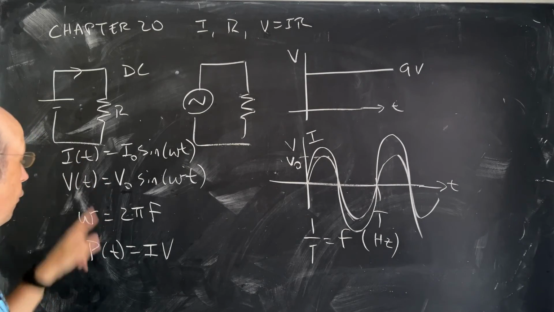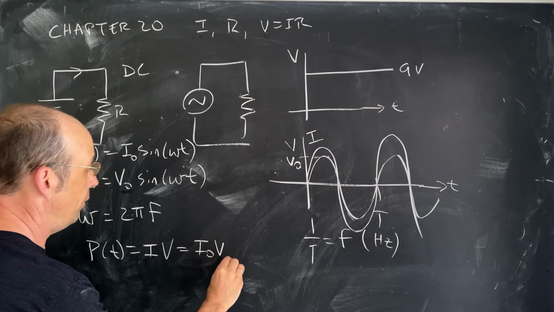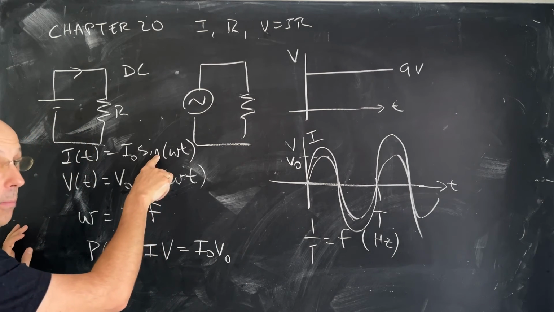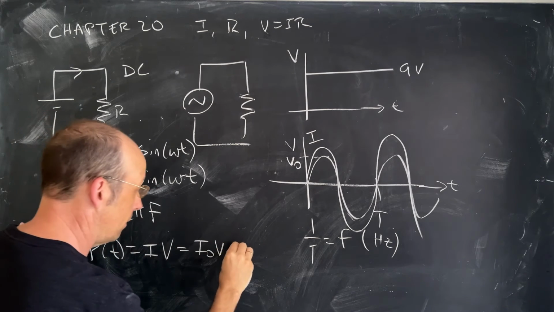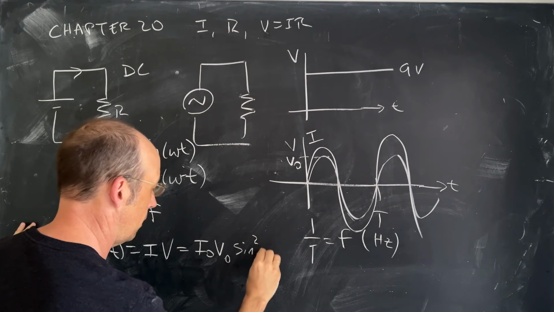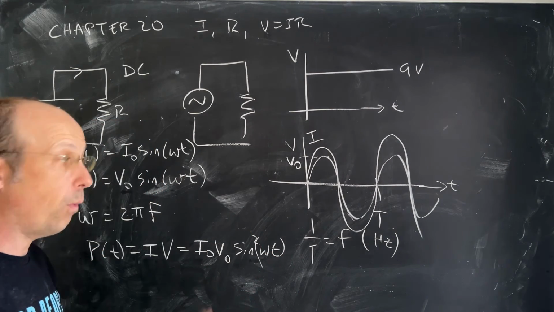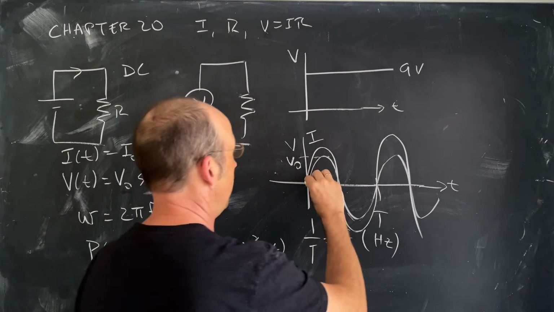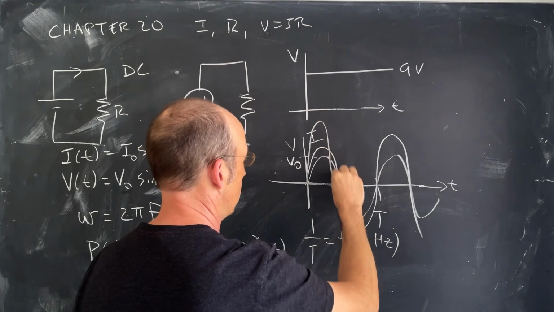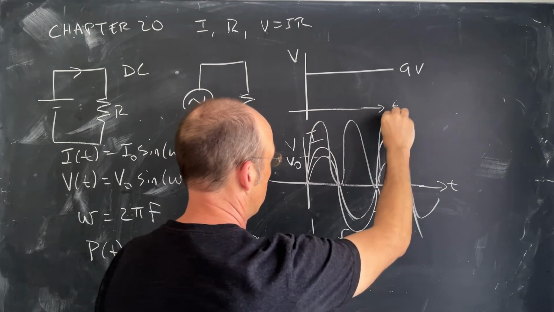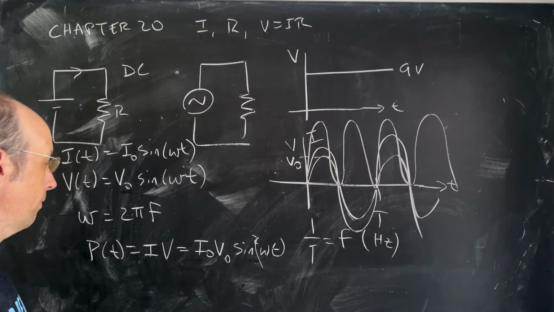So if I multiply these two functions together, I get I0 V0, and then I get sine omega t times sine omega t, and that's sine squared omega t. And you'll notice that since it's squared, it's always a positive value. And in fact, it looks like this. That's the power. It's always positive.